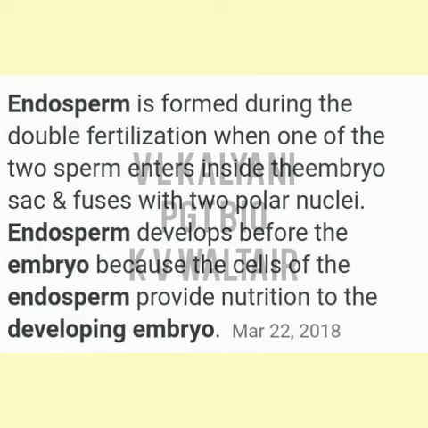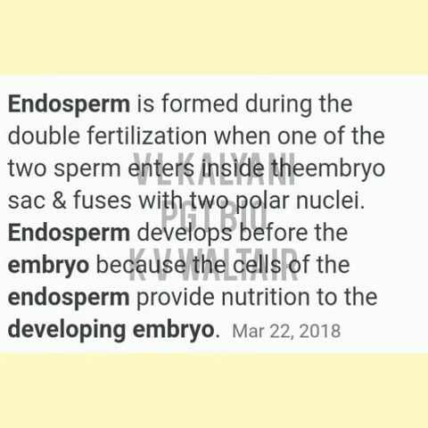So, in plants, sexual reproduction, the development of endosperm precedes embryo development. There is a sentence in your textbook, children. The development of endosperm precedes embryo development. Why?